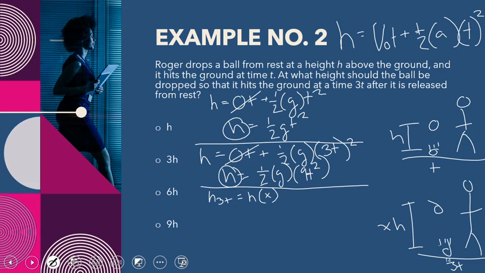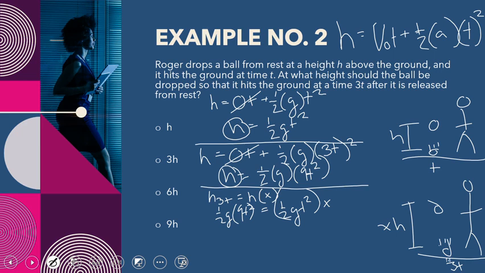So now we're just going to replace the variables for height with the actual equations or expressions that we found. So 1/2 g times 9t squared is equal to 1/2 g times the time squared, and all that is multiplied by x.